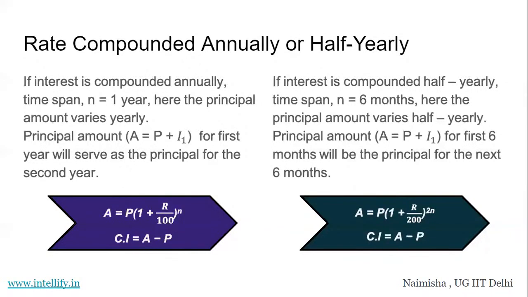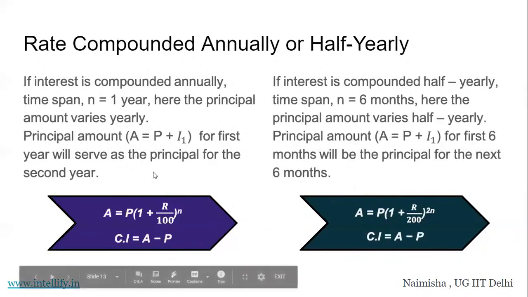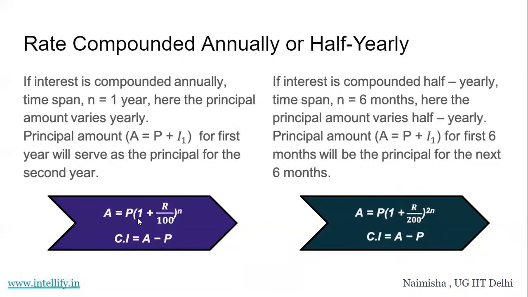The amount A equal to P plus I1 for the first year will serve as the principal for the second year. Please note down the formula for calculating amount and compound interest when the rate is compounded annually. Amount is equal to principal into 1 plus rate by 100 whole power n.